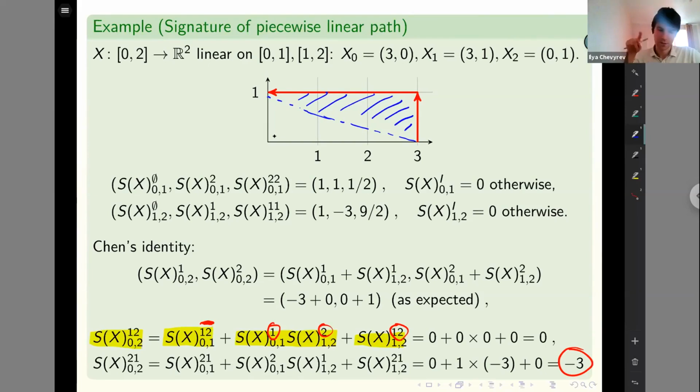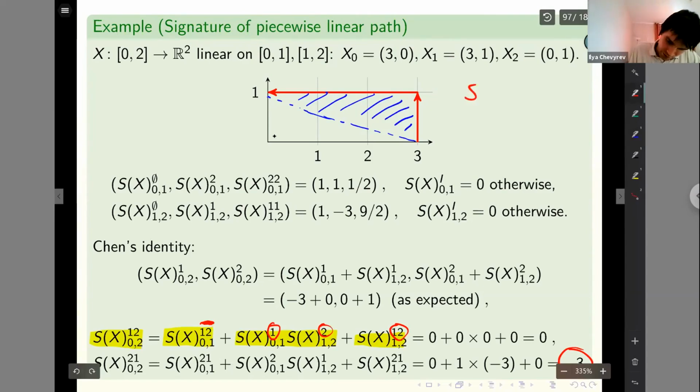I think I must have confused something when I was presenting Levy's formula. I confused counterclockwise with clockwise. So this is counterclockwise, which should give you a positive signed area. I think back then I said it was negative, but that was incorrect. So this is the positive signed area, and this is exactly going to be S(X)^{1,2} minus S(X)^{2,1}.